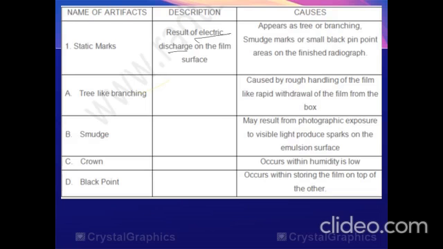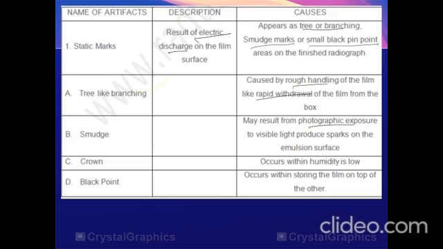So, appearance, tree-like branching or smudge marks or small black pinpoint. So, tree-like branching caused by rough handling of the film, like rapid withdrawal of the film. Parang mabilis mo siyang hinugot. Smudge, from photographic exposure to visible light.